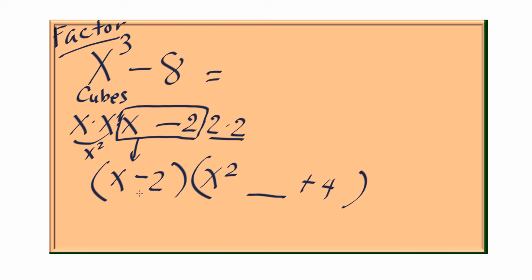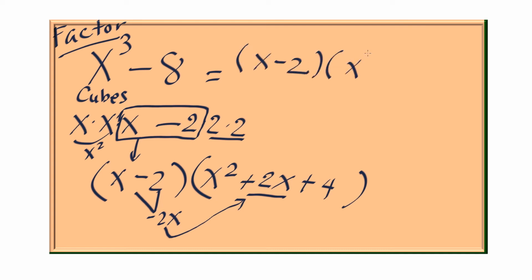The way you complete this is by multiplying negative 2 and x. So negative 2 times x is negative 2x. To find the middle term, we have to switch the sign of the negative 2x, so that will be positive 2x. So we got these factors for our difference of cubes: x minus 2 times x squared plus 2x plus 4.